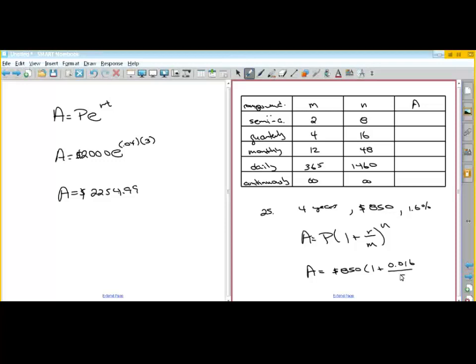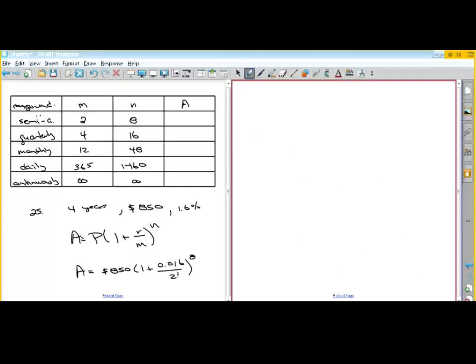And semi-annually would be 2, and n would be 2 times 4. I already wrote them all down here, so that's the 8th power. To do all the rest of these, you just have to change these 2 numbers. So it'll be 8 and 2, 16 and 4, 48 and 12, and so forth and so on.